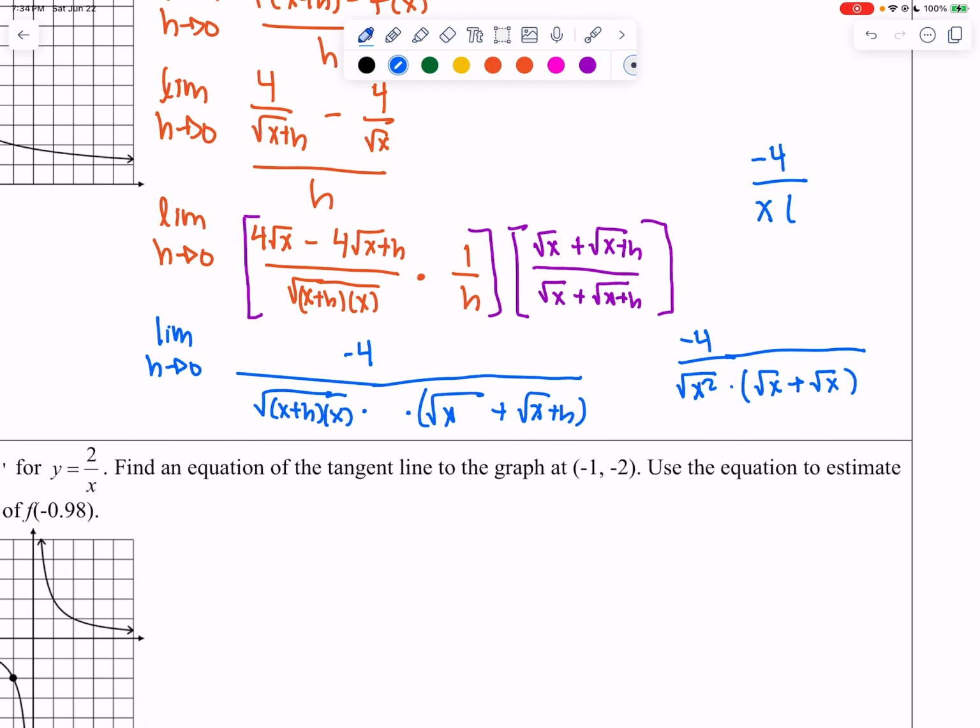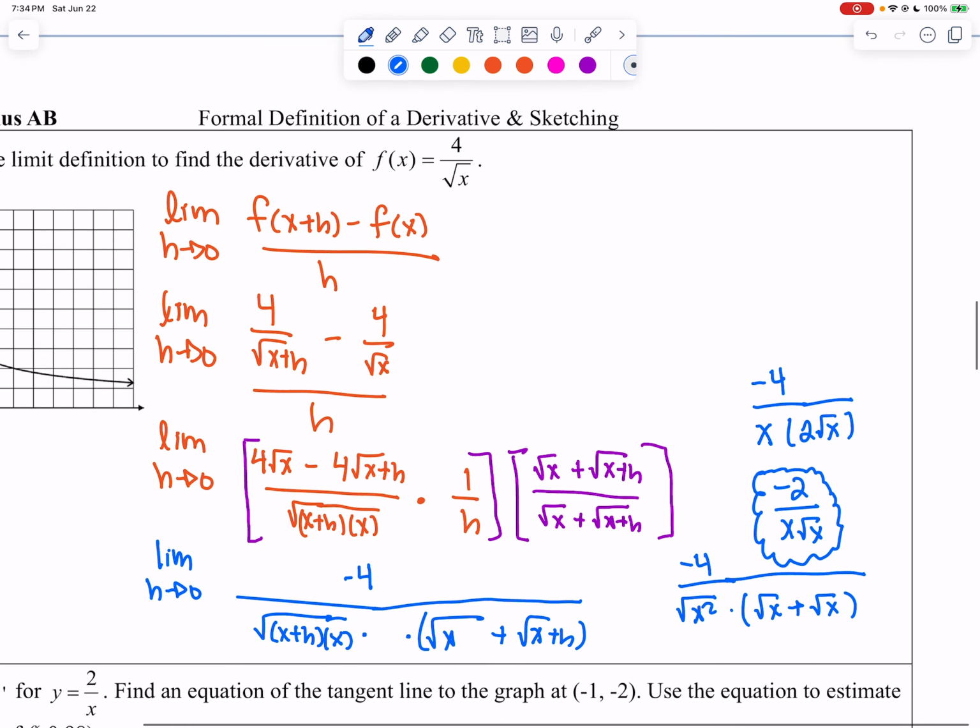And then I have 2 root x right here. And then if I simplify that, I'm going to get negative 2x root x. So using our formal definition of the derivative, this tells me that my derivative of this lovely thing right here is negative 2 over x times the square root of x.